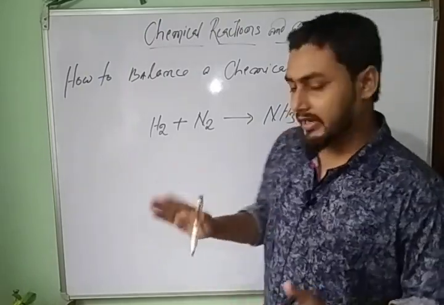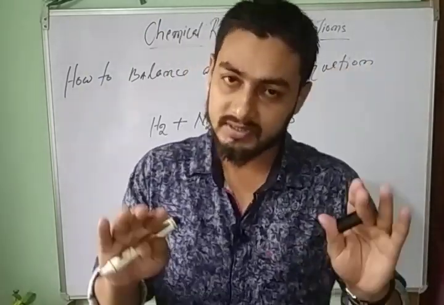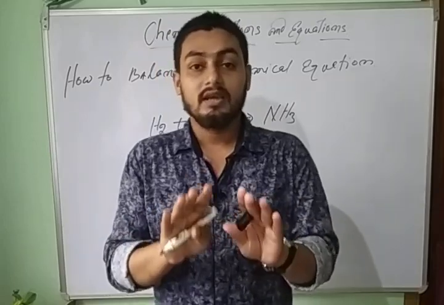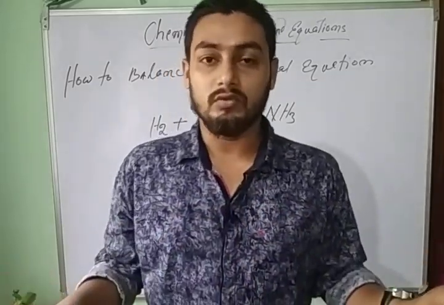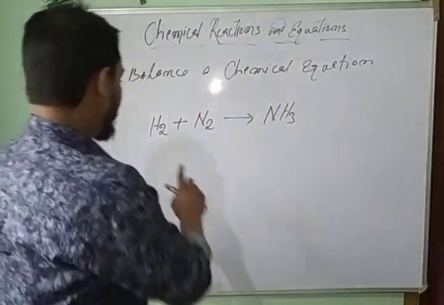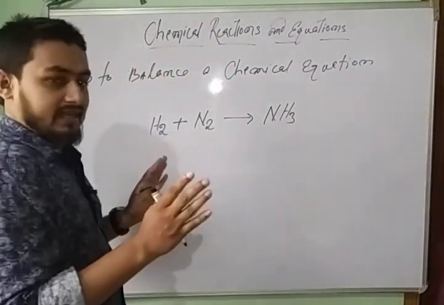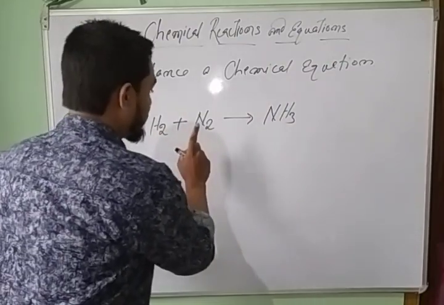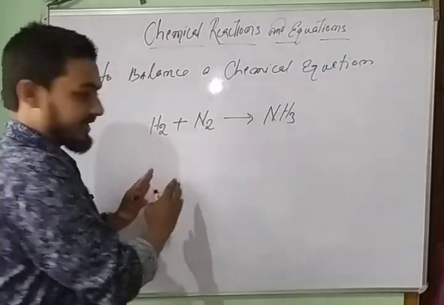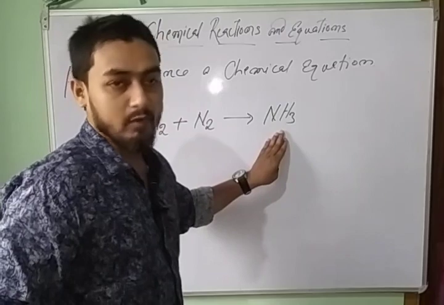You know what? Whenever we write a chemical equation, this chemical equation is generally called a skeletal equation. Why? Because we said that hydrogen when it reacts with nitrogen produces ammonia.